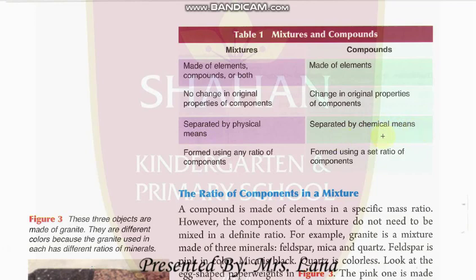Mixtures are formed using any ratio of components, but compounds form using a set ratio of components. They have the same ratio.